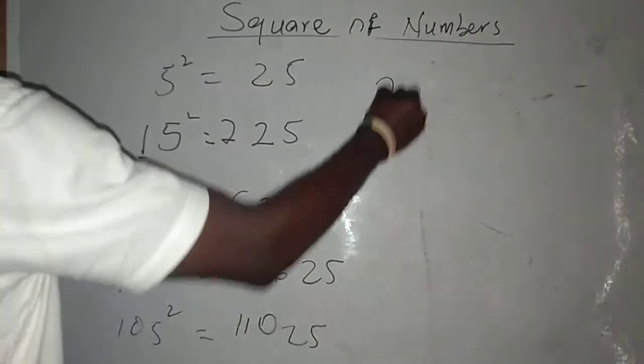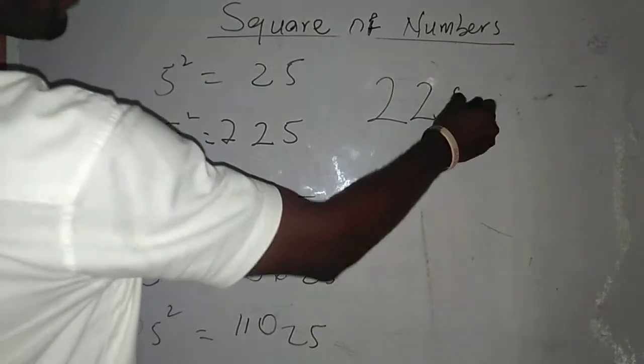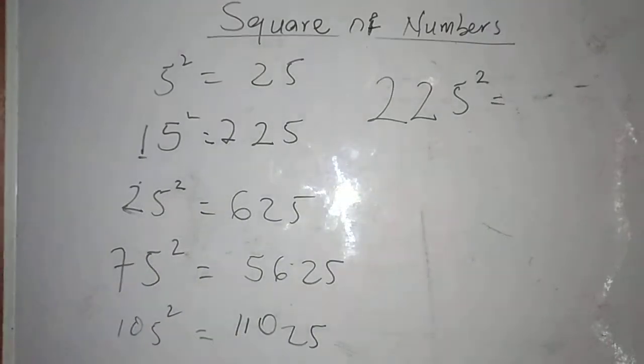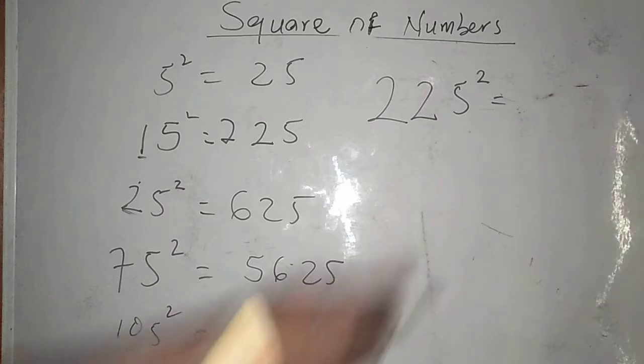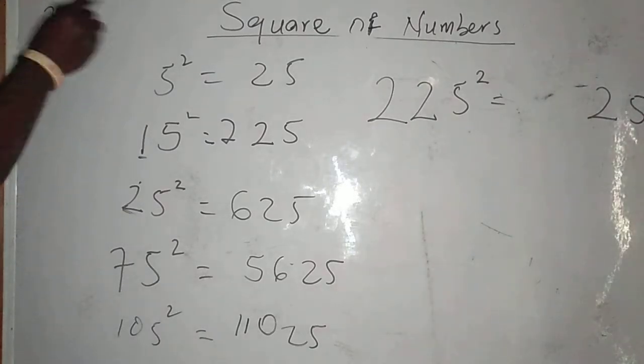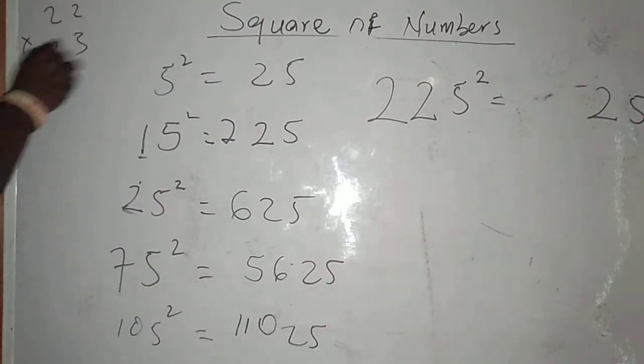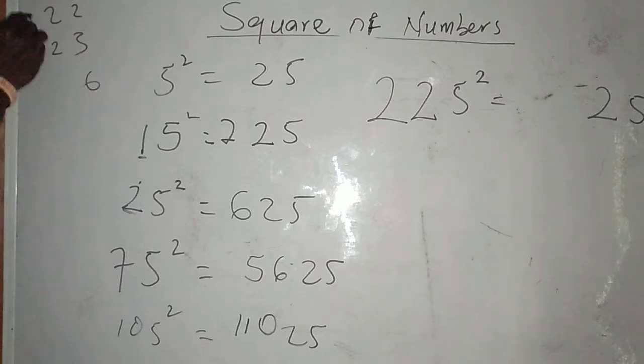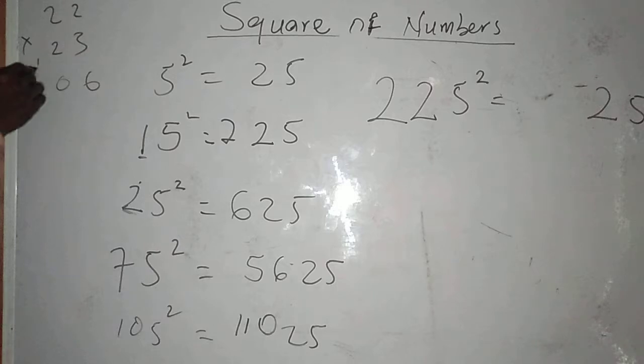Okay, if I have 225 squared, I don't need to stress myself. It will surely end with 25. The number after 22 is 23. It means 22 times 23. Which I have 6, and 4. 6 plus 4 will be 10, I write 0 and keep 1.